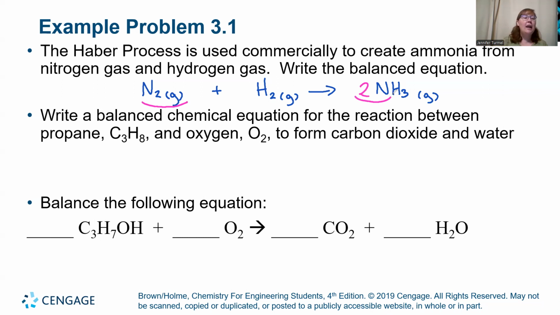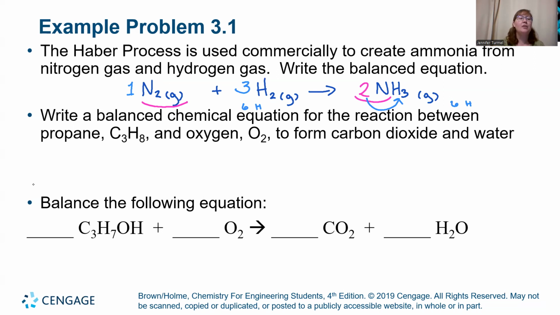Now what I see here is this 2 with my H3 means I have 6 hydrogens. If I have 6 hydrogens over here, then I need to put a 3 here, because 3 times 2 is 6. And then I can come over here and place a 1. So now I have a balanced equation for this reaction.